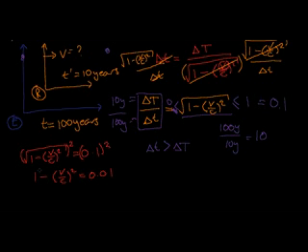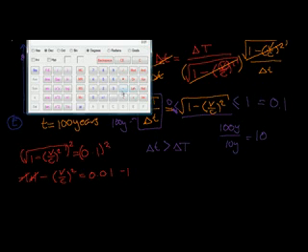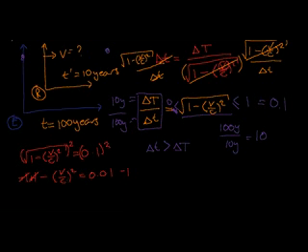We can subtract 1 from both sides. So this minus 1 and plus 1 equals 0. We've got 0.01 minus 1, so we take 1 away from that, and we get negative 0.99. Now we've got negatives on both sides, so we can cancel them.